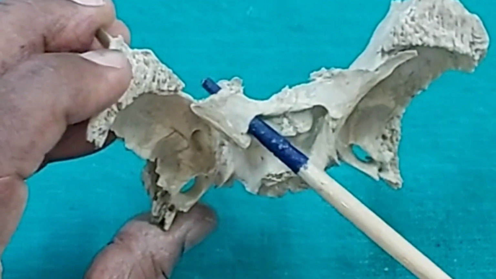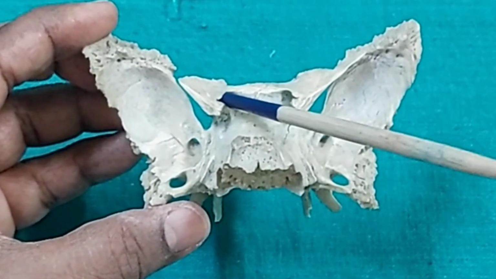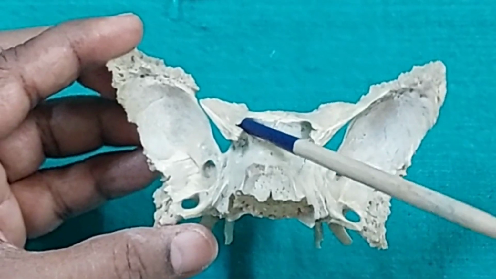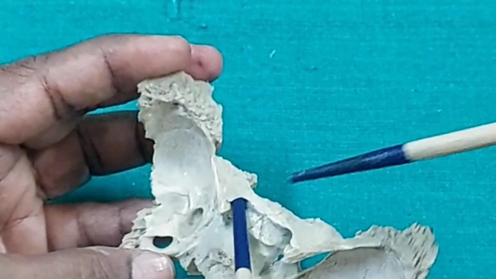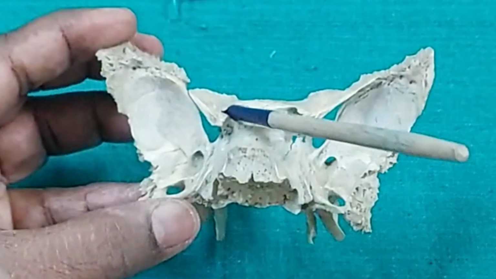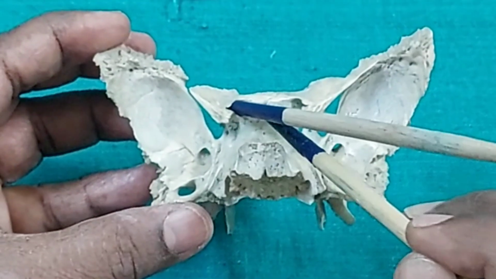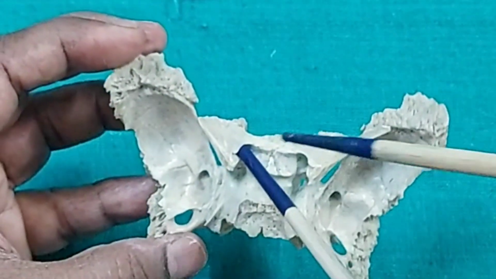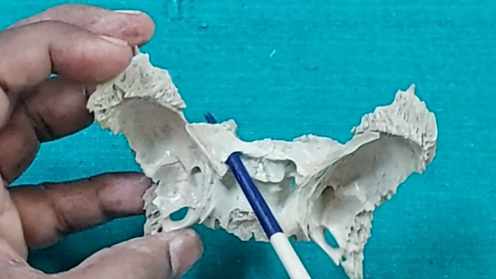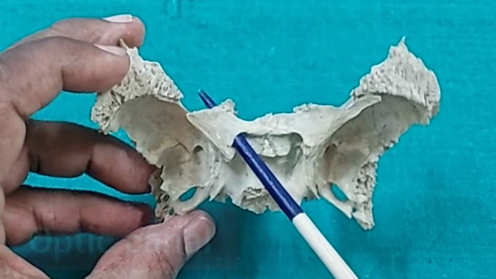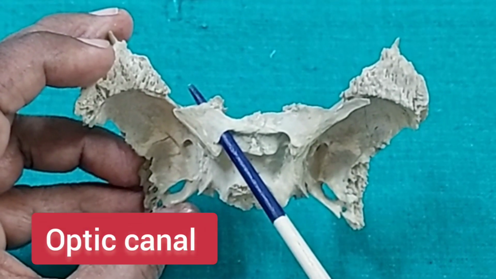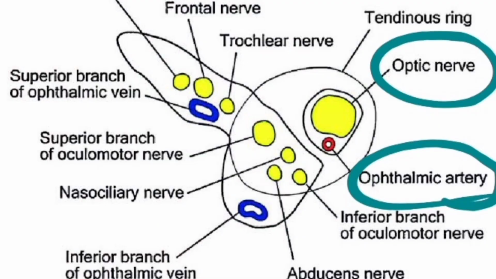This canal is formed between the body of the sphenoid and the two roots of the lesser wing of sphenoid. This is the anterior root, this is the posterior root, and this is the body of the sphenoid. It forms the optic canal, and the structures passing through this canal are the optic nerve and ophthalmic artery.